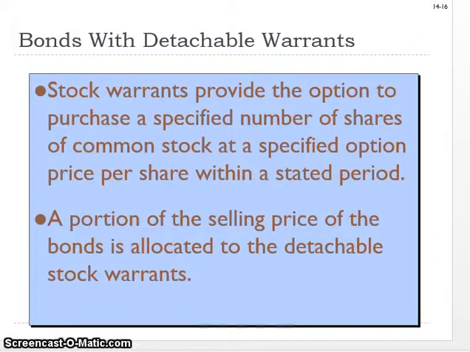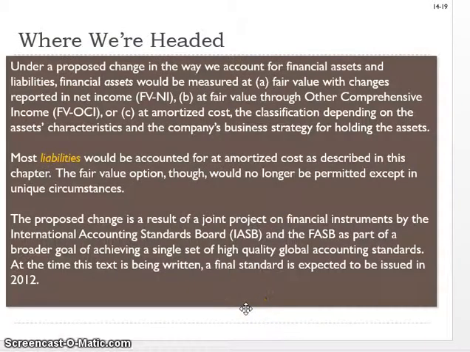All right. The last thing I want to talk about is where we're headed. Most of this stuff in Intermediate 2 is newer stuff, and it's changing over time. One of the proposals, as the IASB and the FASB are trying to work together, is that assets should be recorded, as we've talked about before, at fair value, with other comprehensive income, and so on.